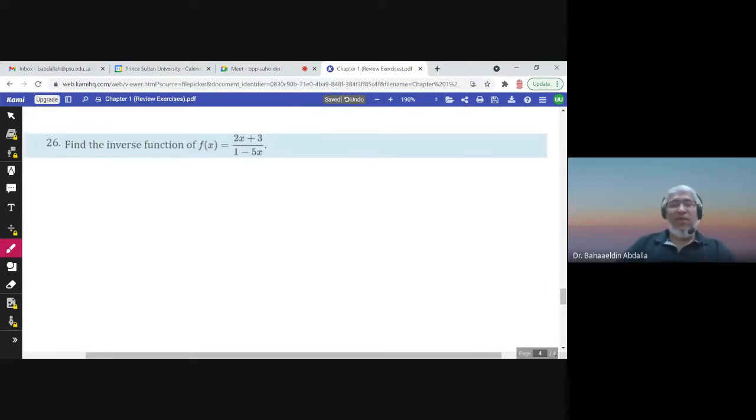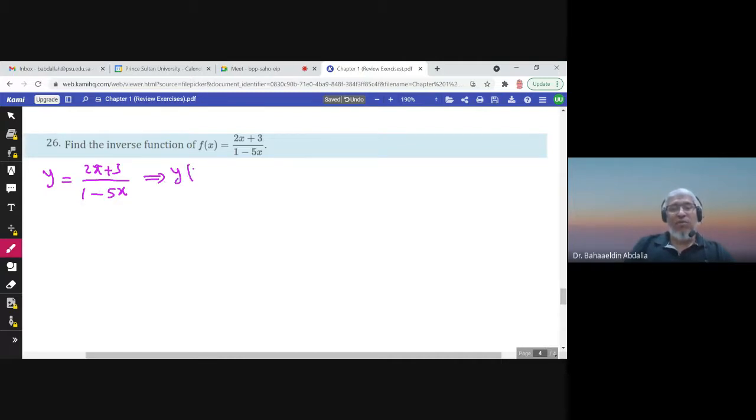Let us find the inverse function of this function. The first step is to replace f of x by y, and then to try to solve this equation for x. Notice that we have two terms with x. Now to solve this equation for x, we cross product.